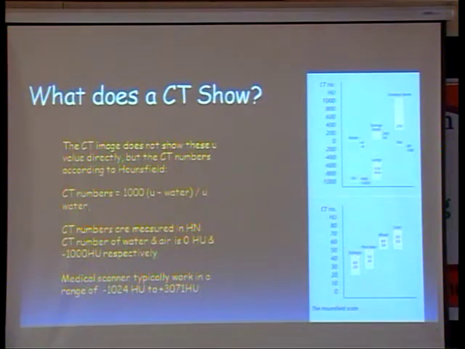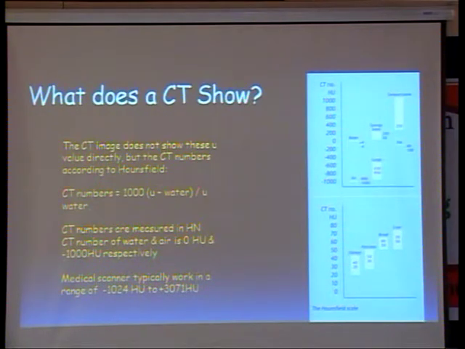So what does the CT show? In engineering language, these are CT numbers. You can see over here in the image. Is this visible? This is the Hounsfield number, or HU number, for different anatomies.